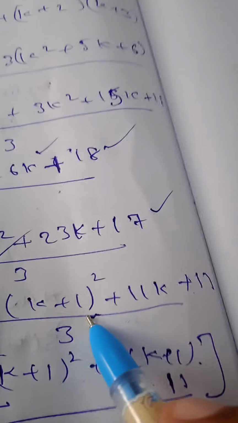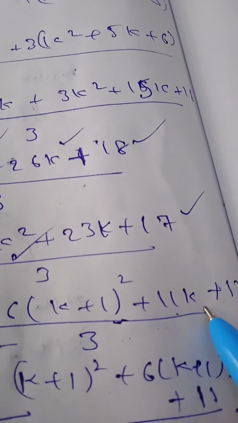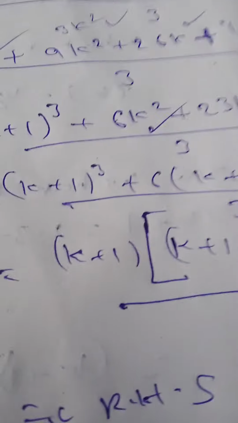After 6 into (k plus 1) whole square, the remaining is 11k plus 11.